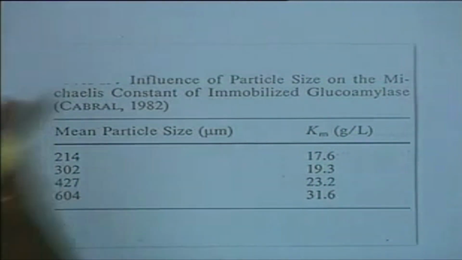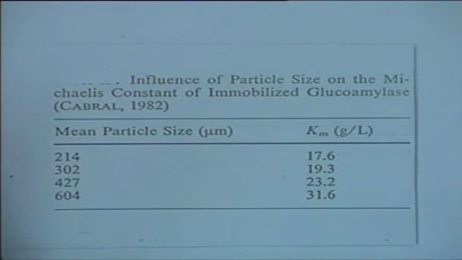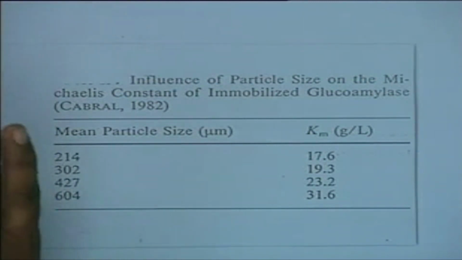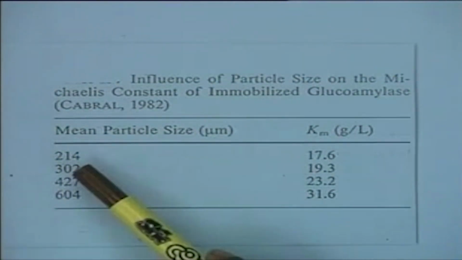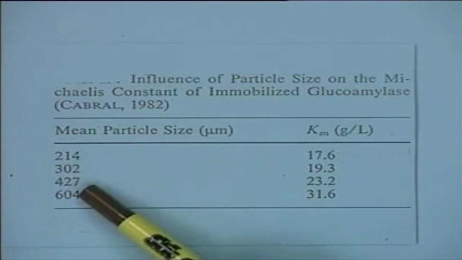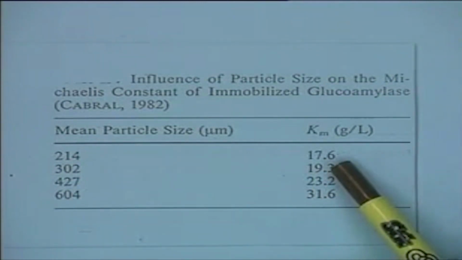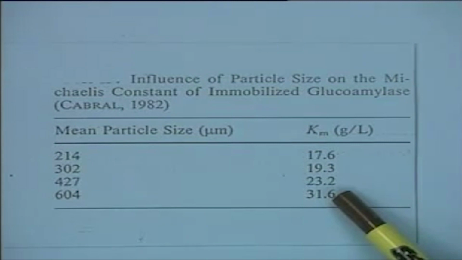This clearly demonstrates the role of diffusional limitations on the effect on Km. Obviously, with the particle size increasing, the system becomes more and more diffusion controlled, because the particle is bigger. For example, roughly a 2-fold increase, from 19.3 grams per liter to 31.6, is a very significant increase in Km value.